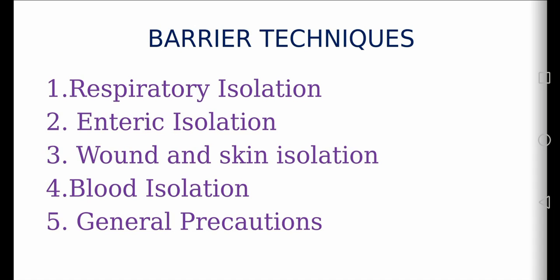Next is to wear gowns when caring for clients who have drooling of saliva. Next is ask clients to cover mouth with a handkerchief or provide a mask to the client. Restrict visitors. Next, a person suffering from respiratory disease or low immunity should not attend the infected person.